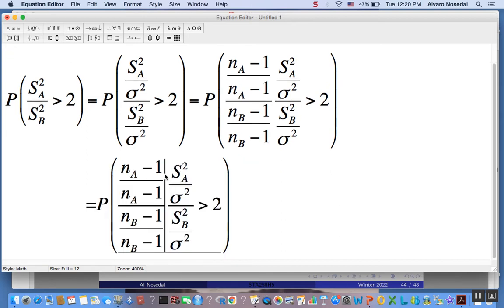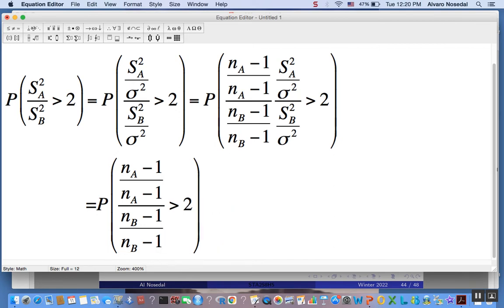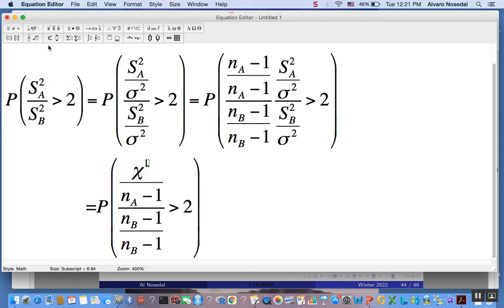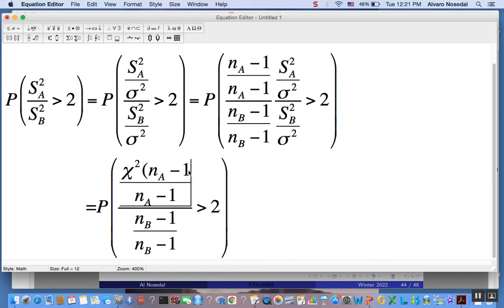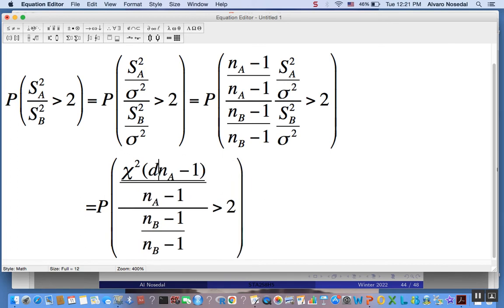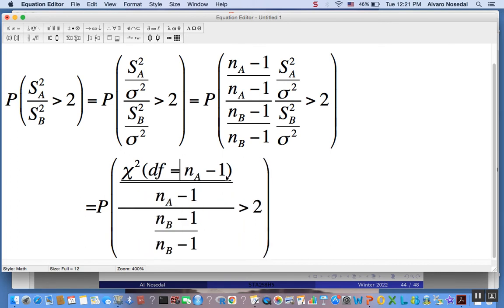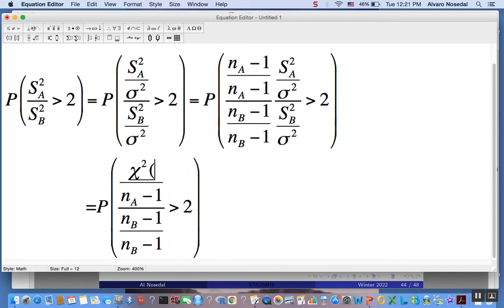We're going to have a chi-square with n sub a minus 1 degrees of freedom, and another way of referring to that is just using a subscript.